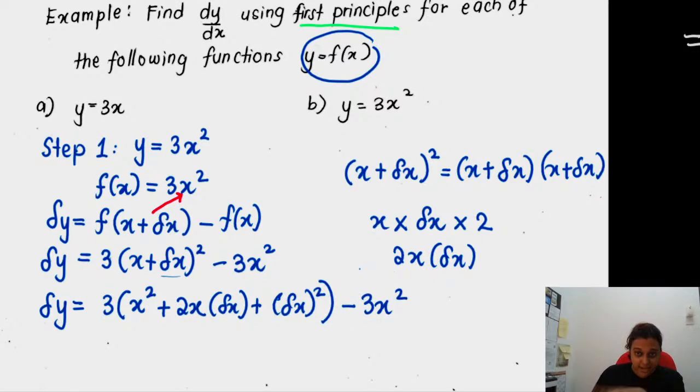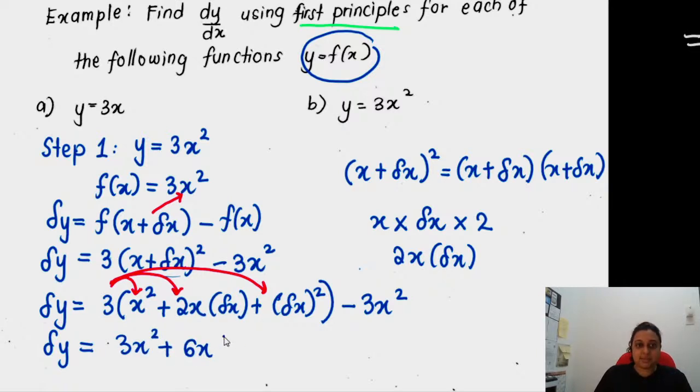Okay, delta y. Let's expand in: 3 times x, and then expand one by one everything. So you will get 3x squared plus 6x delta x plus 3 delta x squared minus 3x squared.